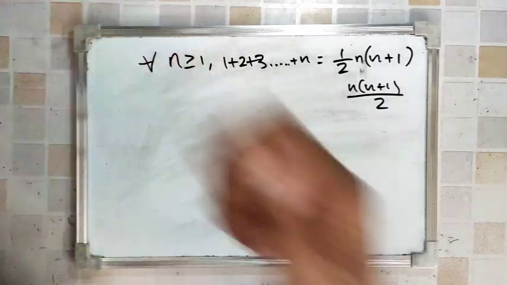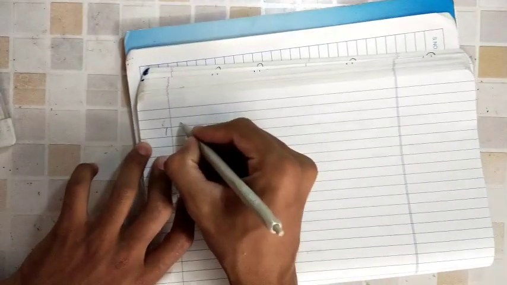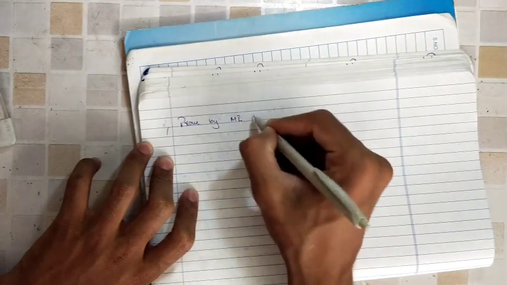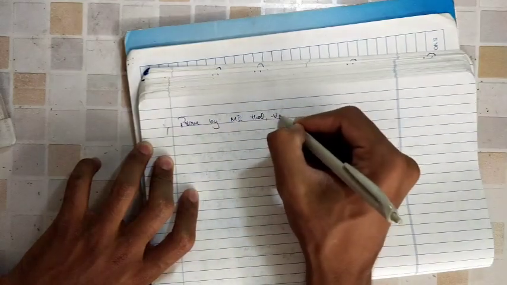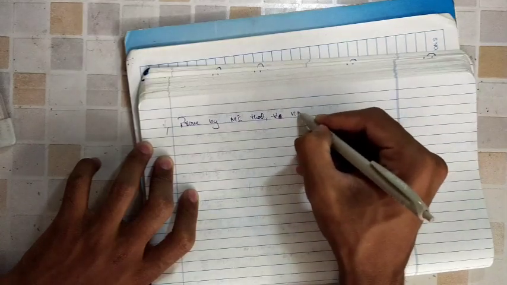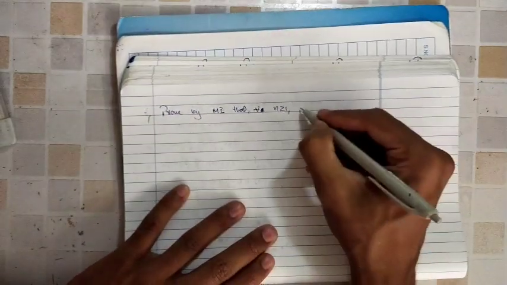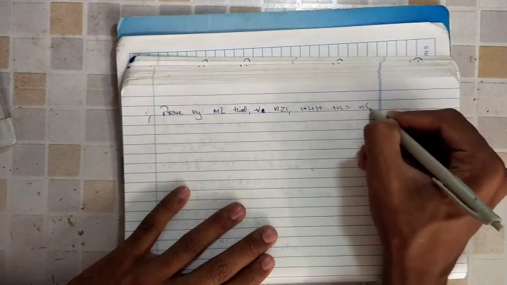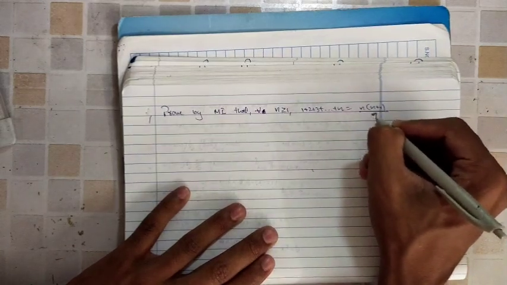I will be using my book as well as this to solve, so that I can use this book as notes. Now it says, prove by mathematical induction that for all n greater than or equal to 1, 1 plus 2 plus 3 and so on up to n is equal to n into n plus 1 whole divided by 2.